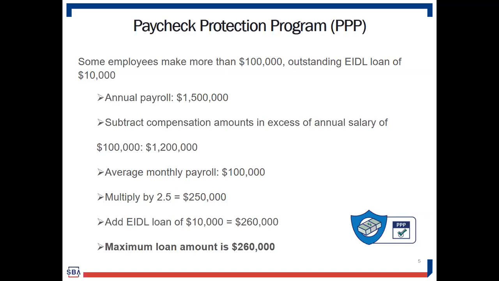So for the PPP loan, we do cap the annual salary at $100,000. That cap only applies to the cash compensation. So it doesn't apply to your non-cash benefits, which would be things like employer contribution to a defined benefit or a retirement plan, payments for group health coverage, if you're paying state and local sales taxes, sick leave, vacation leave.